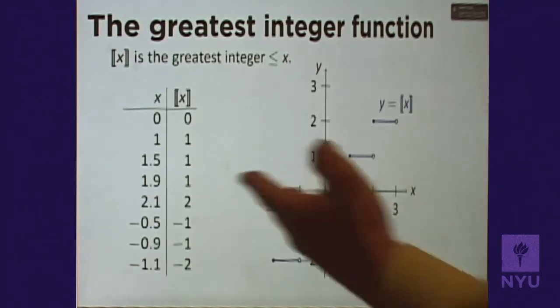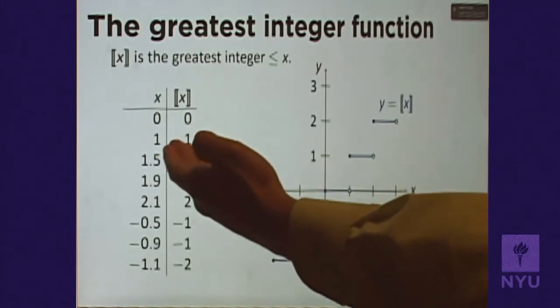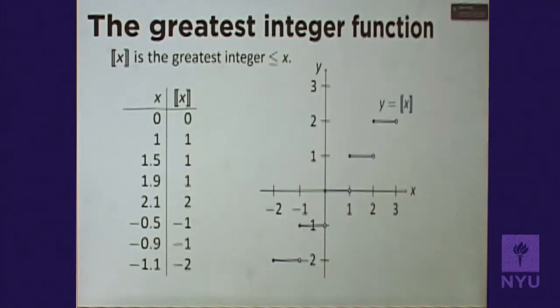If you're plugging in an actual integer, such as x equals 1, the greatest integer less than or equal to 1 is 1. The greatest integer less than or equal to 1.5, well, we round down that 1.5, and we get the greatest integer is 1. 1.9, round that down, and the greatest integer less than or equal to 1.9 is 1.